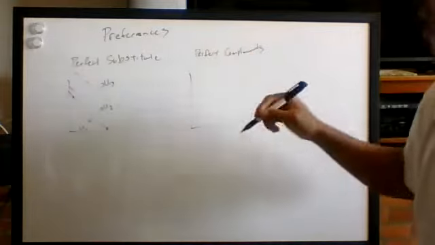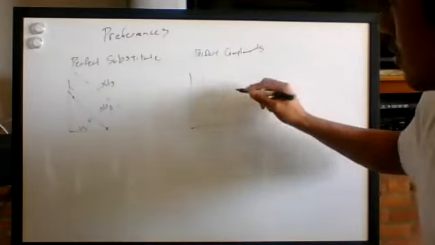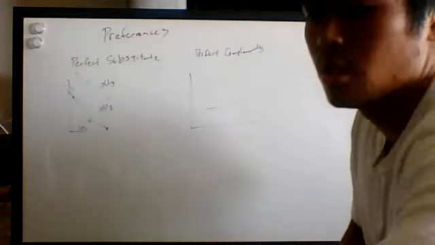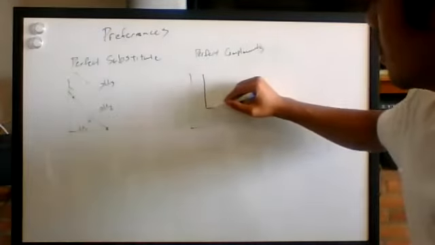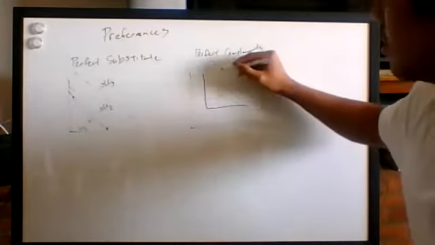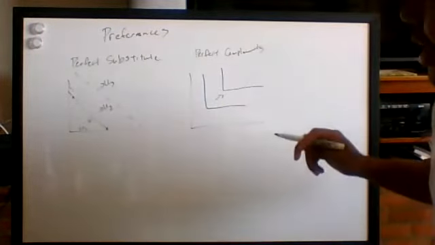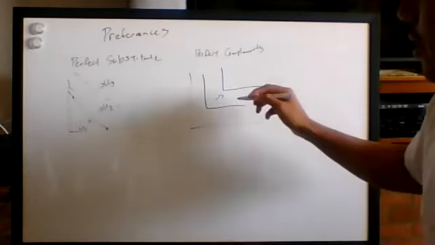Perfect complements are going to be these L-shaped indifference curves that, maybe I'll use a deeper marker, we see here, right? And it's very similar to perfect substitutes. We have infinitely many of these. And so you want to think about why it is that they're L-shaped.